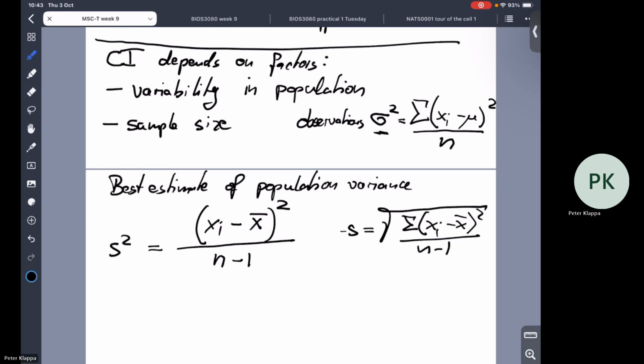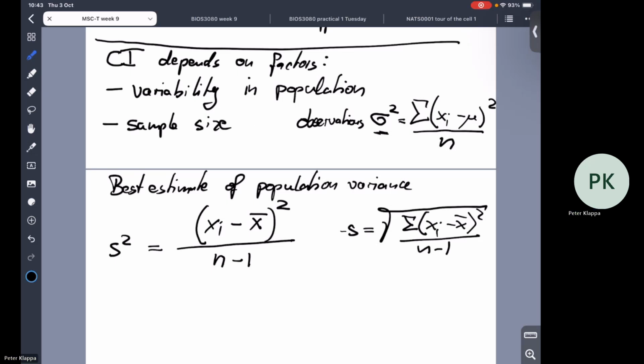And automatically, this value will be slightly larger than the sigma squared value, because with the S squared, we make an estimate of the population variability.